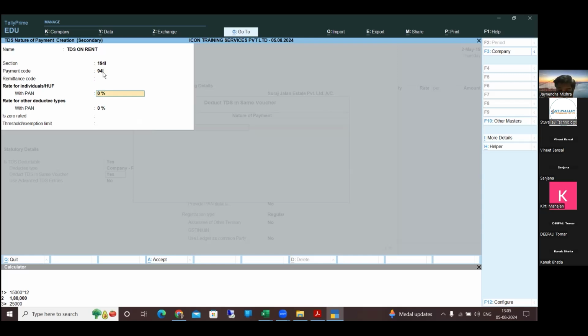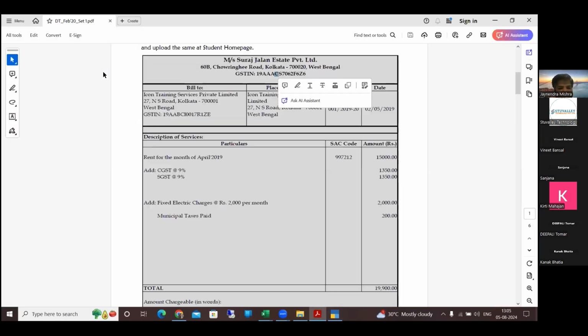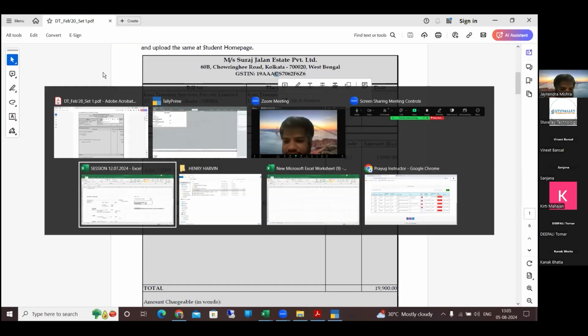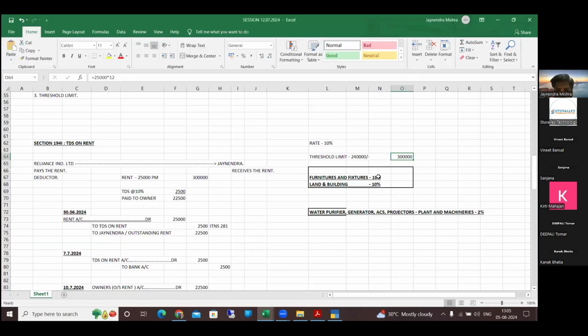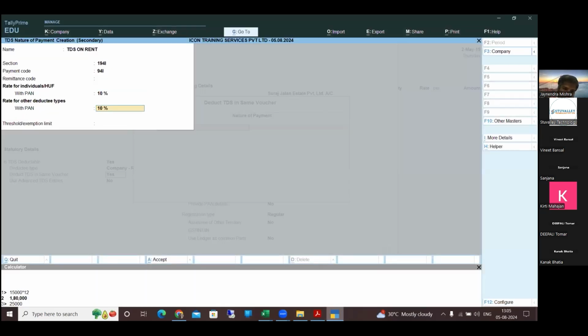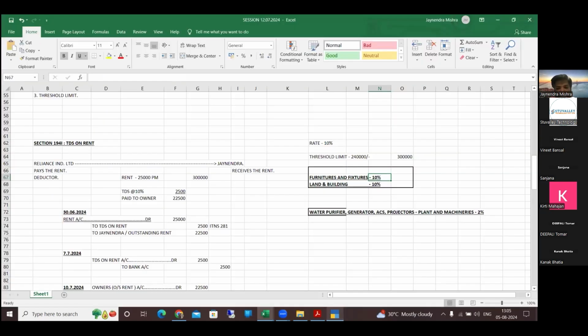Yes. TDS rate under section 194I. What is the TDS rate under section 194I? 10%. Threshold limit? 2,40,000, right, friends? So per month it should be how much? 2,40,000 divided by 12 is 20,000.